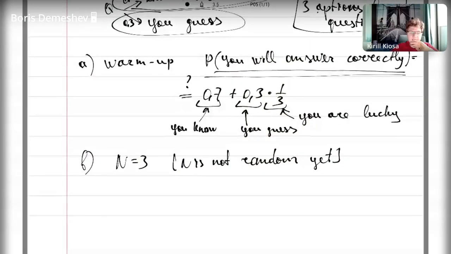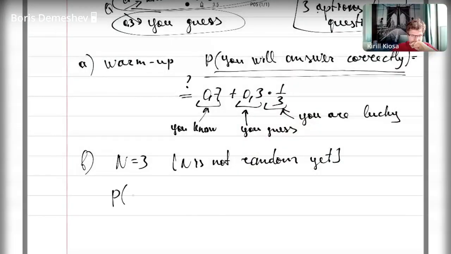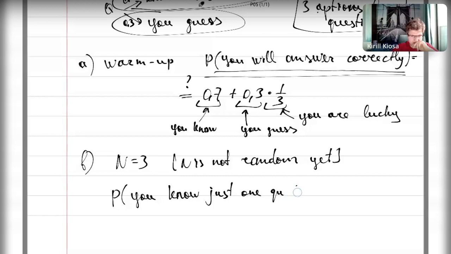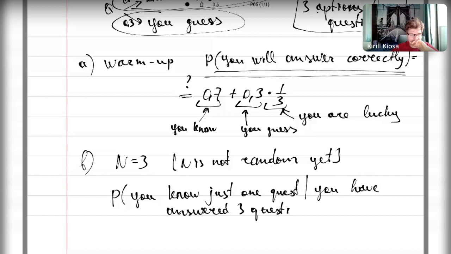Given that you have answered all questions correctly, what is the probability that you know the answer to exactly one question? What is the probability you know just one question, given that you have answered 3 questions correctly.